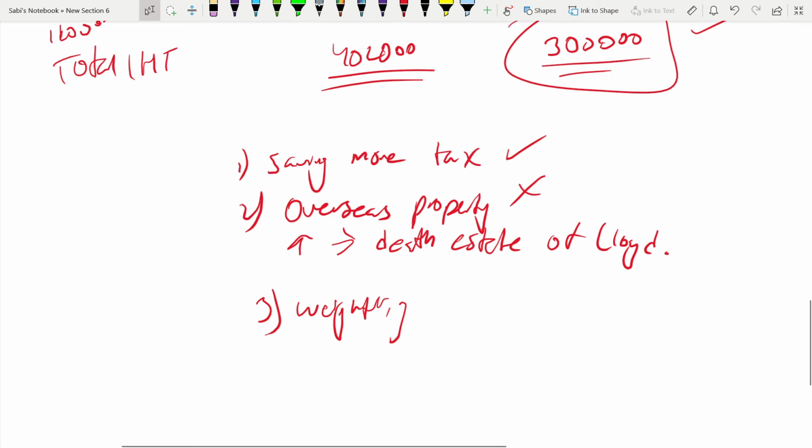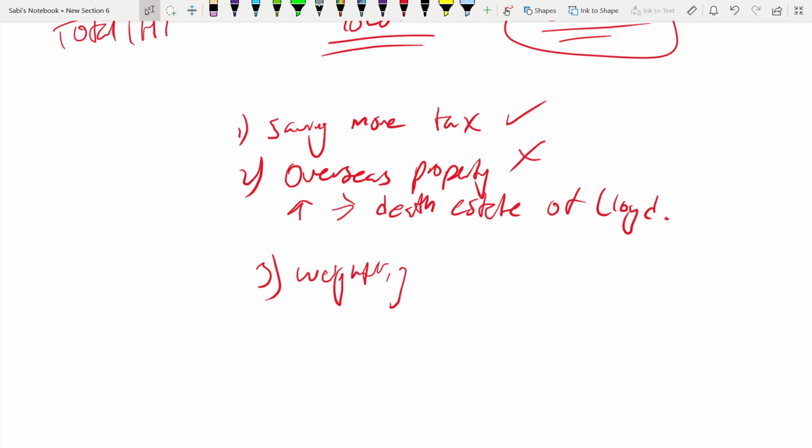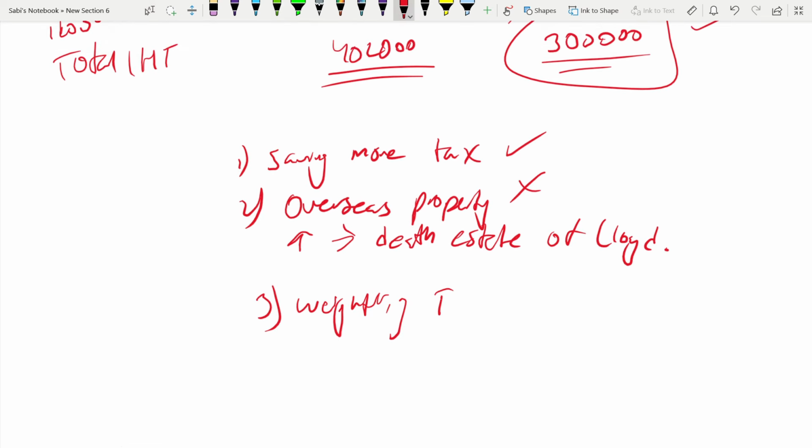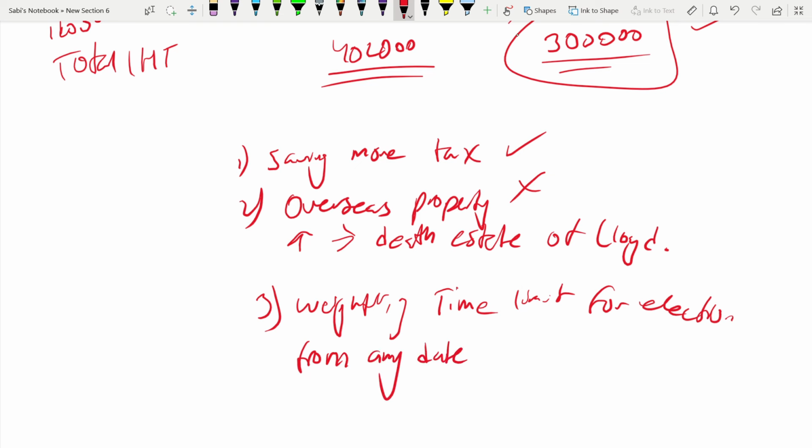Because this is about the election, you can give the time limit for election, when he can apply and when it is applicable. So he can apply for the election from any date within 7 years prior to making the election.